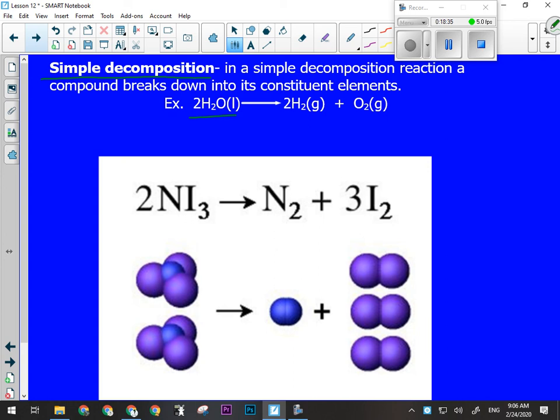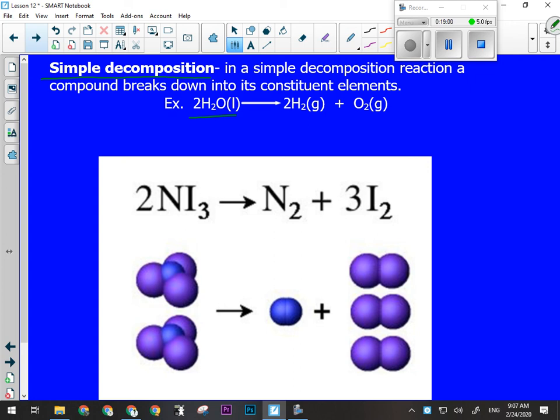If you just take out your periodic table and look at the non-metals, you'll see that it's color-coded. Anything that's yellow comes as a 2 when it's by itself. These are what we call the molecular elements. So they actually form molecules with themselves. So that's why the nitrogen has a 2 and the iodine has a 2.